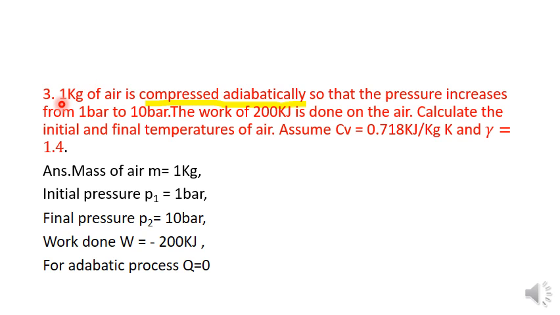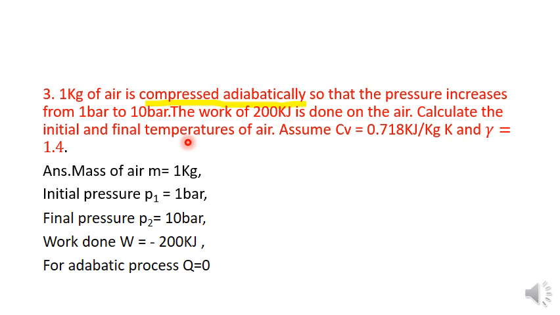Mass is 1 kg. The pressure increases, which means volume automatically decreases. P1 is equal to 1 bar and P2 is equal to 10 bar, and work done is 200 kilojoules. Since it is compressed adiabatically, you have to take a negative value, minus 200 kilojoules. Calculate the initial and final temperatures.